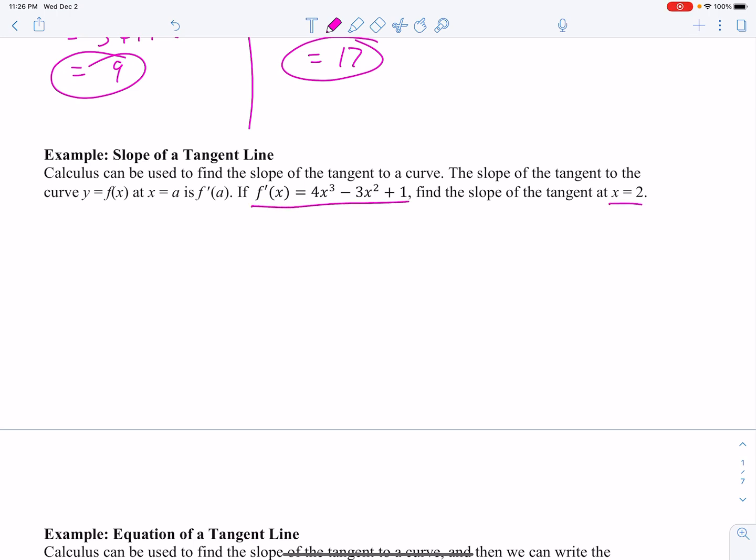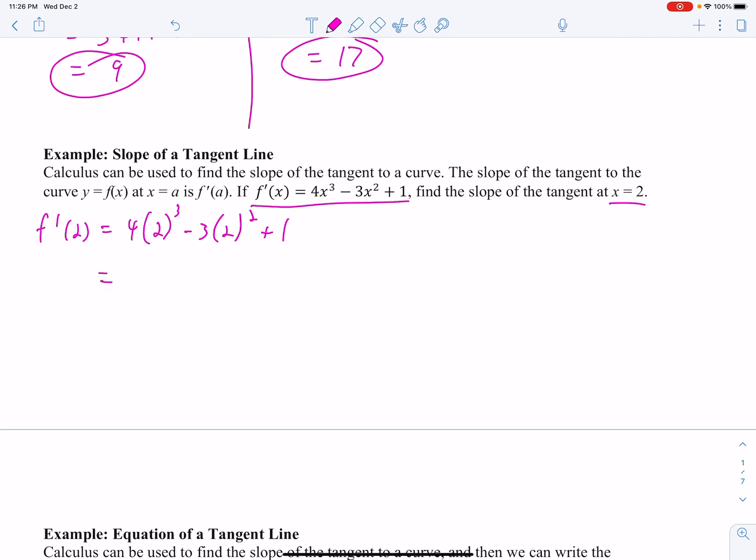Find the slope of the tangent at x equals 2. In other words, they want f prime of 2. Same thing we just did. Plug a 2 in, parentheses. So let's see, 4 times 2 cubed minus 3 times 2 squared plus 1.